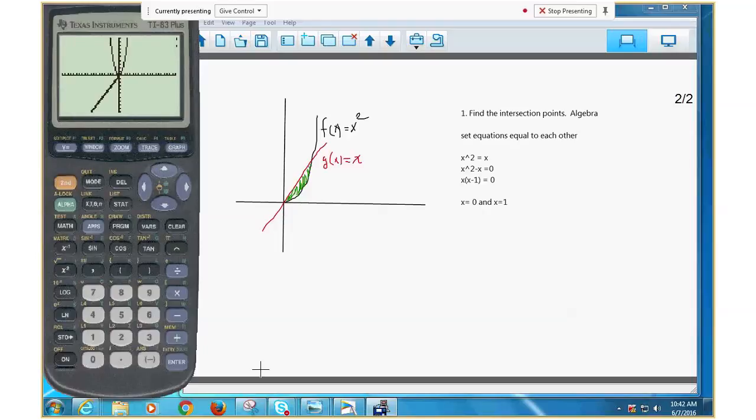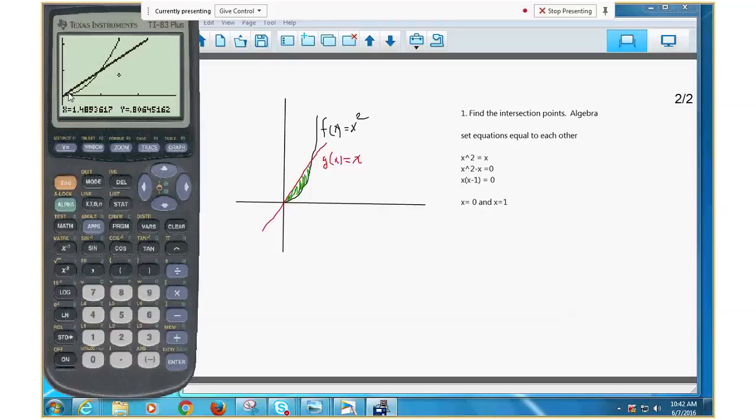Now, of course, I can't see anything there, so I'm going to go in, zoom box, and zoom in to where they intersect so I can actually see something. Now, you can do this with a window also. And there's your area between two curves. Right there.